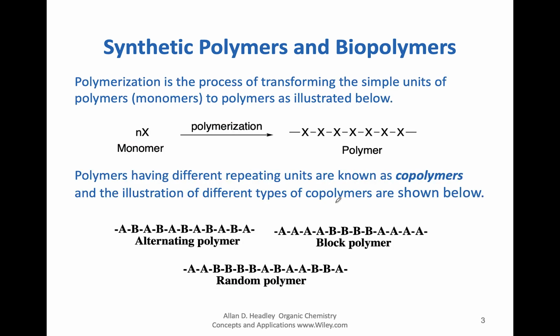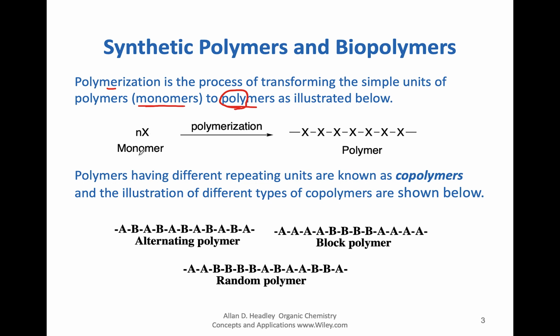So first, let's get into the definition. Polymerization here is a chemical process in which simple units known as monomers are transformed into polymers. Remember here, poly means many, and monomer means one.